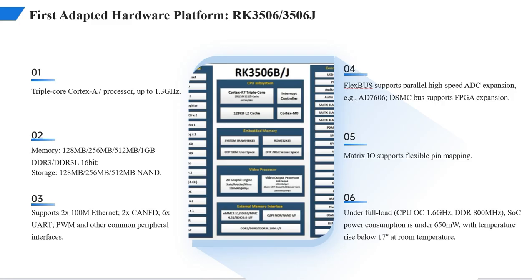The RK3506 offers triple-core Cortex-A7 at 1.3 GHz with 128 MB to 1 GB DDR3, dual 100 Mbps Ethernet, dual CAN including CAN FD, 6 UART, and a parallel bus or FSMC for ADC or FPGA expansion.